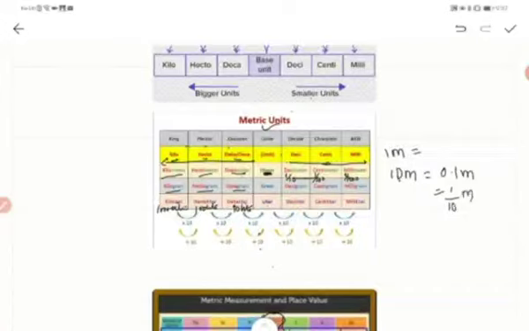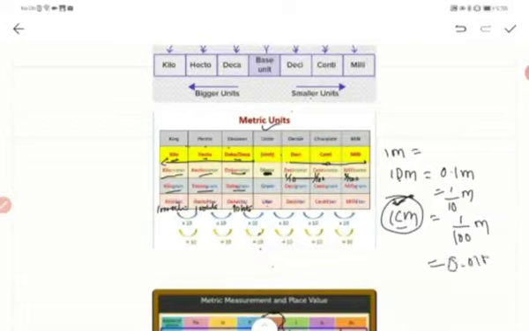So 1 centimeter, this centimeter we use in our daily life, isn't it, this measurement. In a scale you see it's in centimeter. So 1 centimeter is nothing but 1 by 100 meter. You can write it in decimals as 0.01 meter.